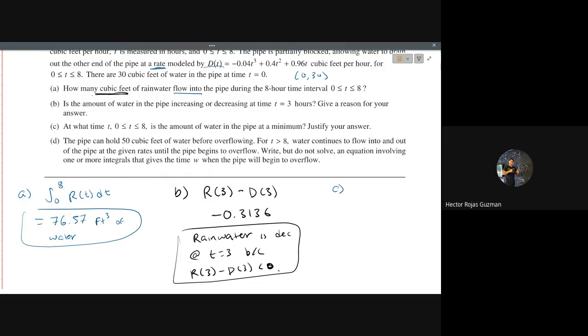At what time is the amount of water at a minimum? First, you kind of need an equation to figure out quantities. So the general equation for this is this. Now you actually have to use your initial condition.